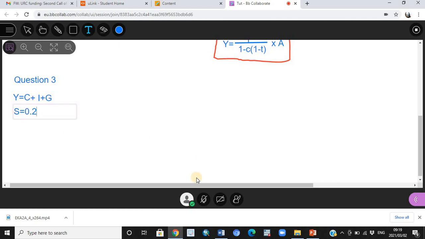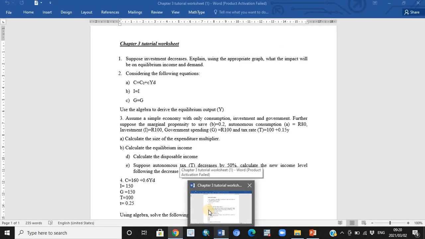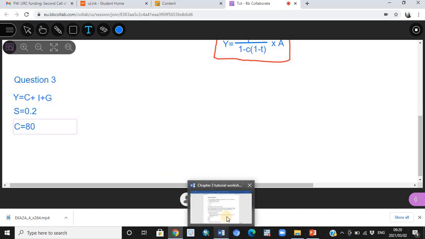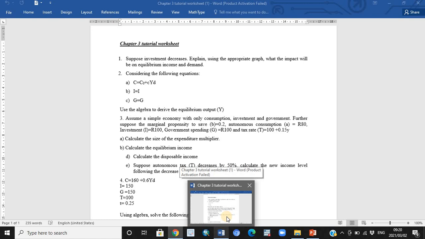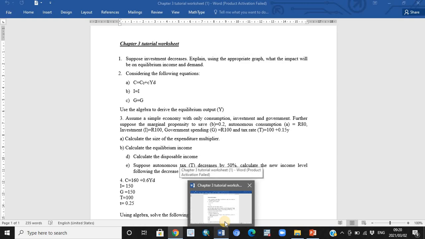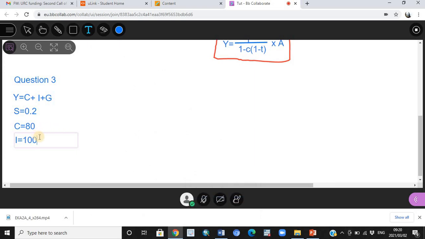Let's keep on reading. Autonomous consumption is equal to 80, this is C equals 80, in rands. Investment is equal to 100, and government spending also equals 100.